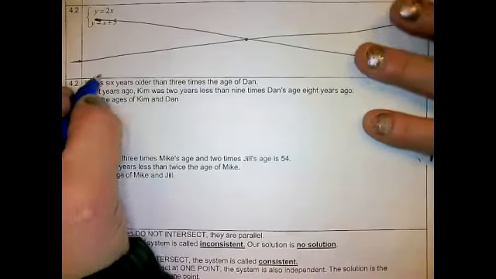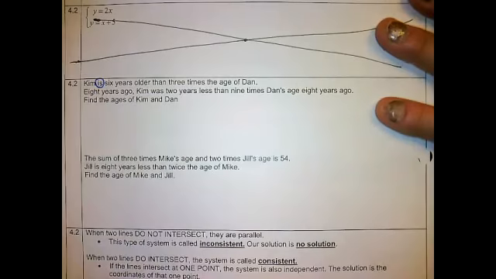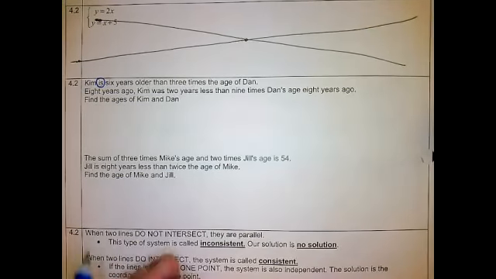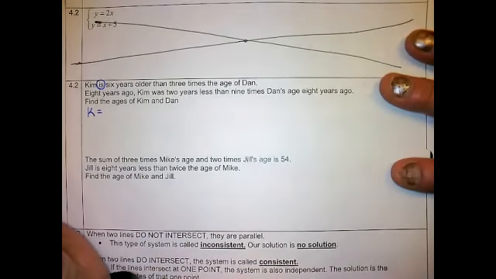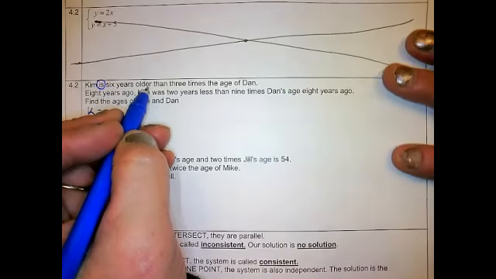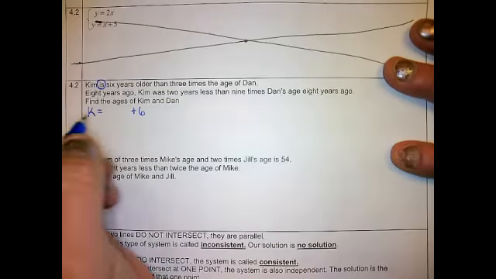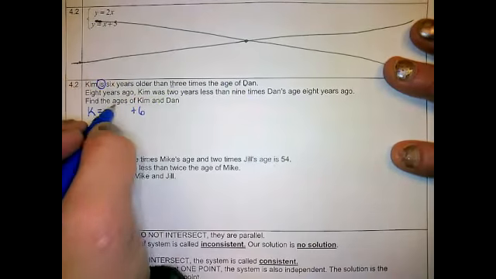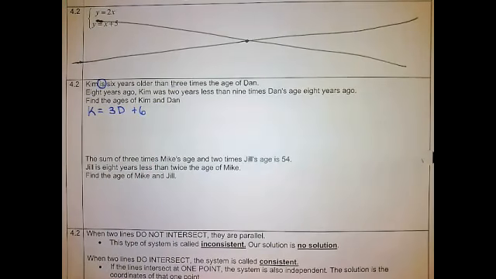We also need to remember that anytime we're doing a word problem, is equal to, equals, was, any of those terms stands for the equal sign. So we know that Kim then equals, and it says 6 years older. So that means I'm adding 6, and I'm adding 6 to 3 times the age of Dan. So 3 times Dan's age.